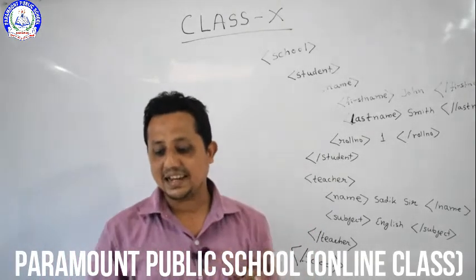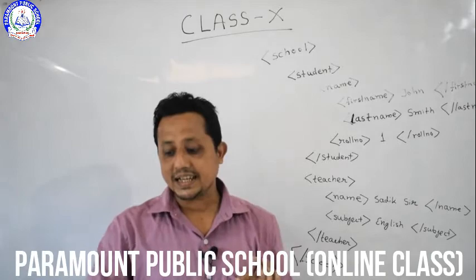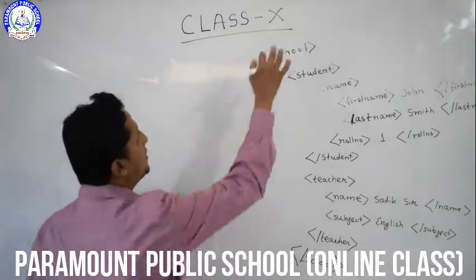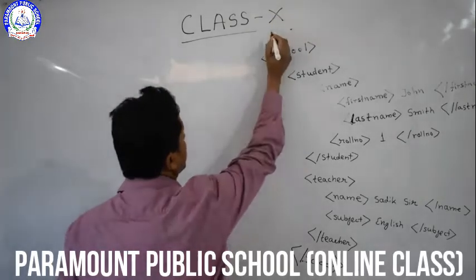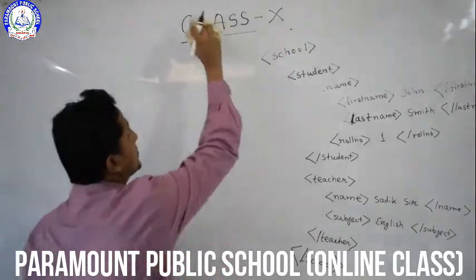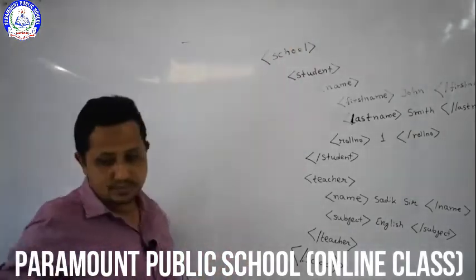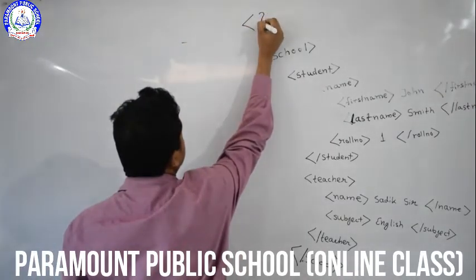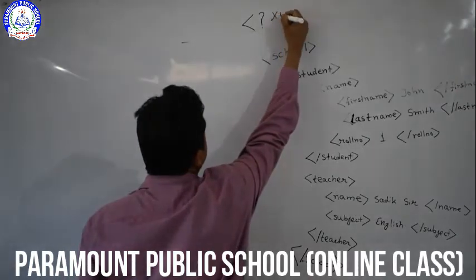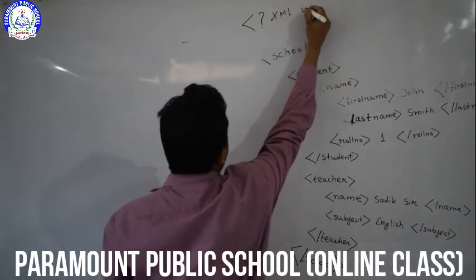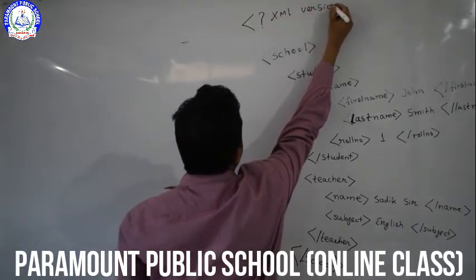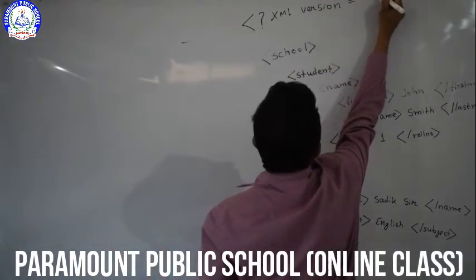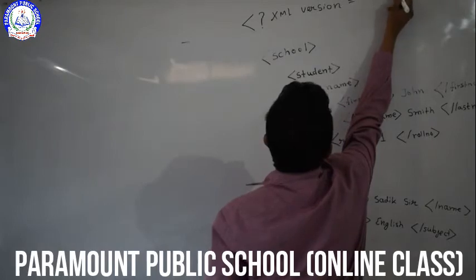The first line is called the processing instruction. Oh, actually I have missed another one: ?xml version=1.0.